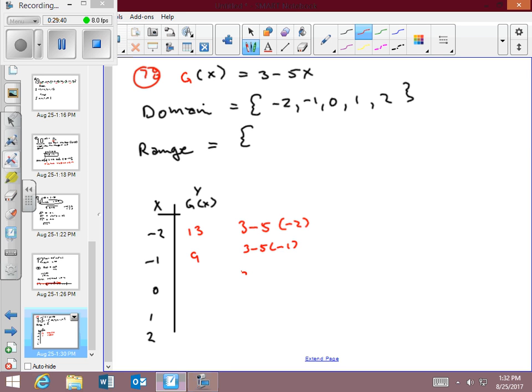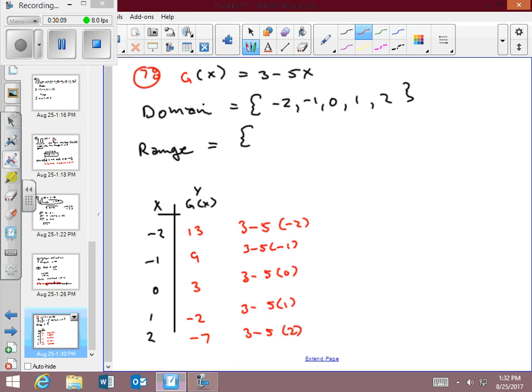Then put 0 in. 3 minus 5 times 0. And 5 times 0 is 0, so this is 3. Then go 3 minus 5 times 1. So that's 3 minus 5, which is a minus 2. Then put 3 minus 5 times 2, and it's 3 minus 10, which is minus 7.